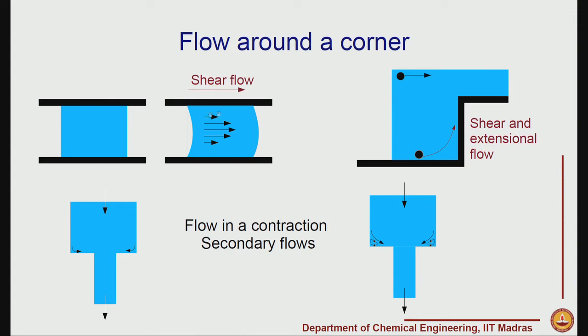If it is a Newtonian fluid, then in both cases the response is characterized by the same parameter, viscosity. In the case of non-Newtonian fluids, we will see that if you characterize the material in shear flow alone, two materials which are very similar in shear flow may give very different responses in extensional flow.